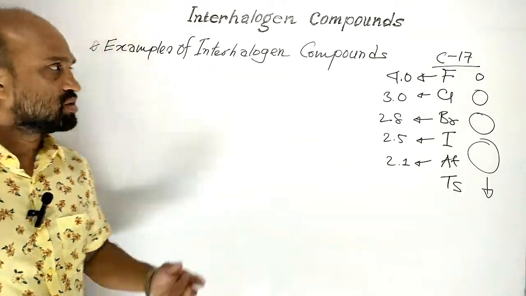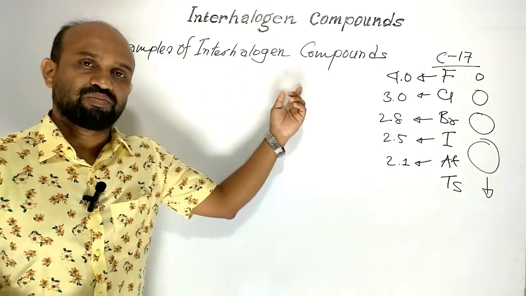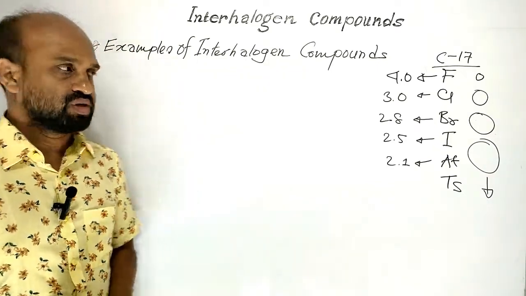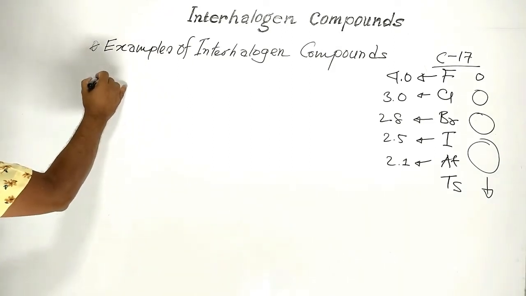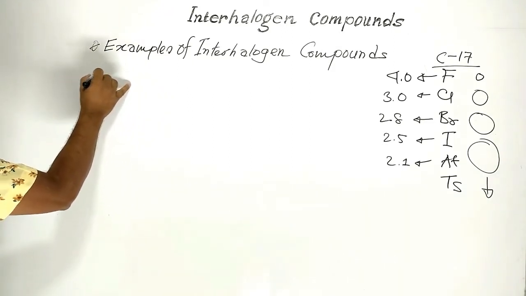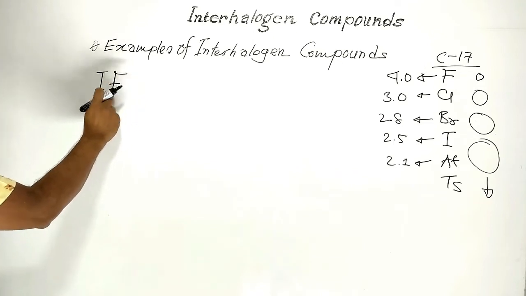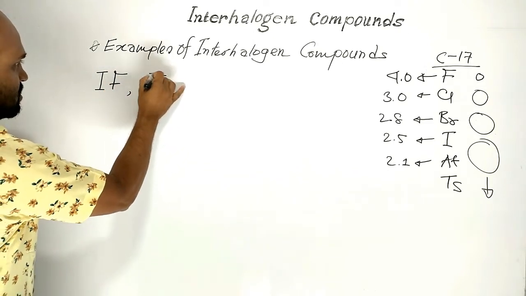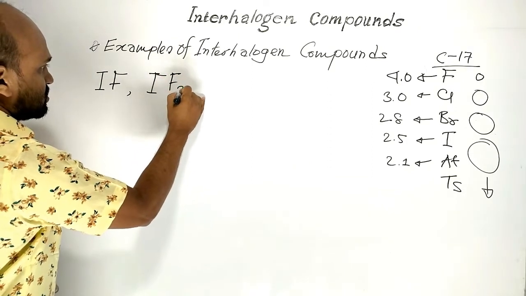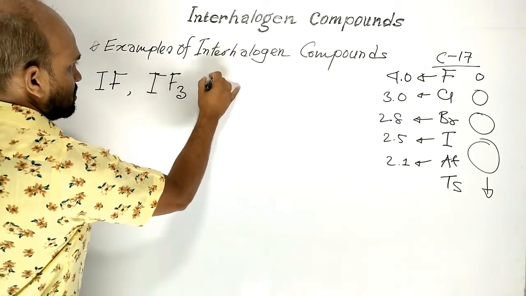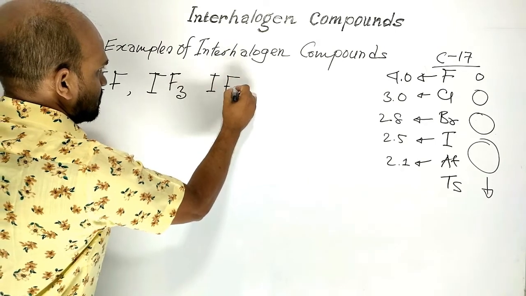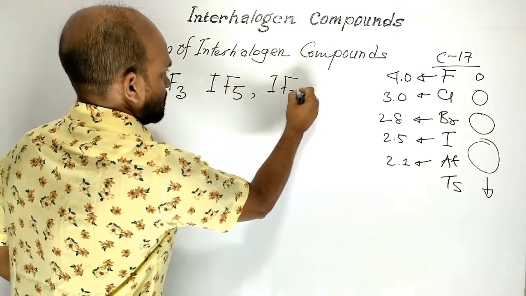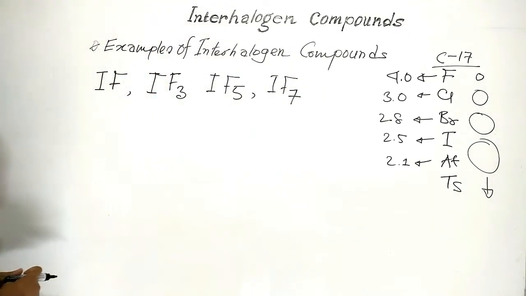Now the point is examples of interhalogen compounds. Let's see some examples. Here, first of all, this one, iodine monofluoride. Again, iodine trifluoride, iodine pentafluoride, iodine heptafluoride.